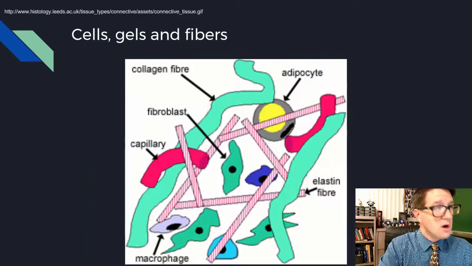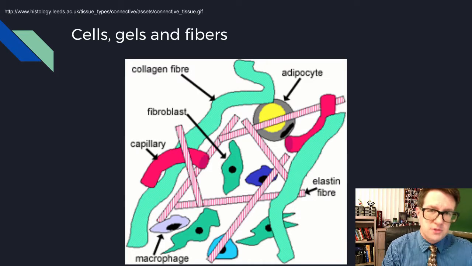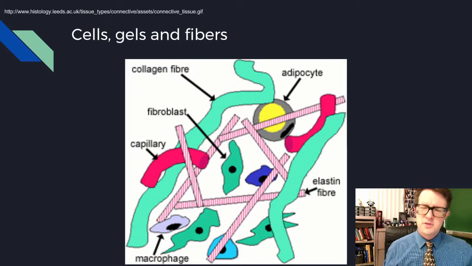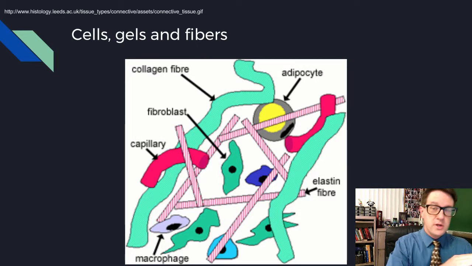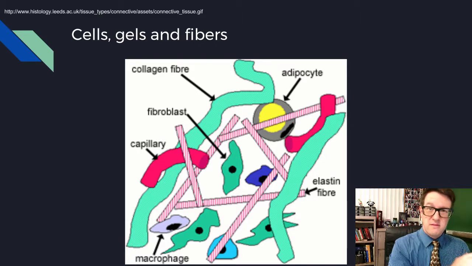Connective tissues are not. Connective tissues are a collection of three things. I call them cells, gels, and fibers. So the cell is going to be the thing that creates everything else. The gel is something that we call the ground substance or the matrix or the extracellular fluid environment. So you're going to have a cell that's going to create some type of liquidy environment that's either going to be super liquidy or it could be super rigid, kind of like a bone, but the super liquid version would be like blood.